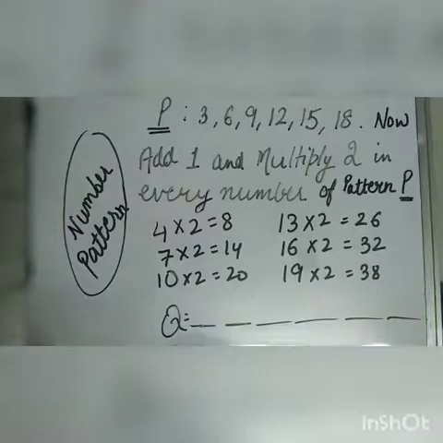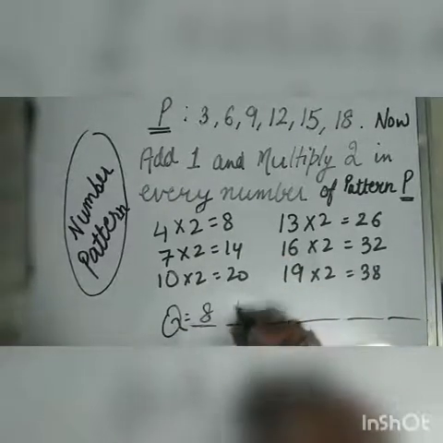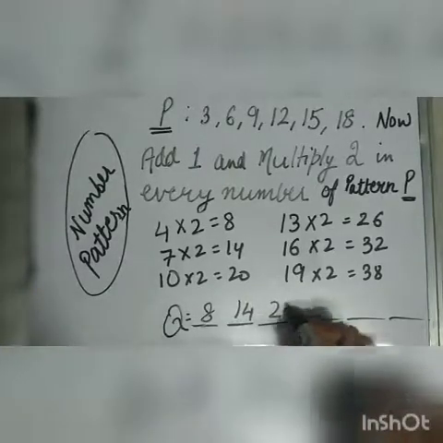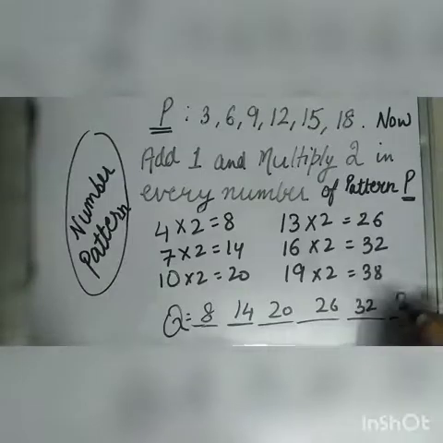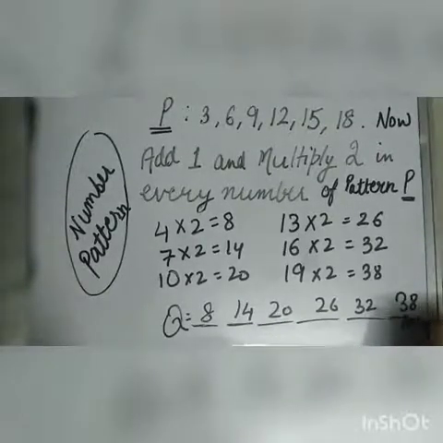So the numbers that will be written in the pattern Q will be 8, 14, 20, 26, 32, 38. This is the answer.